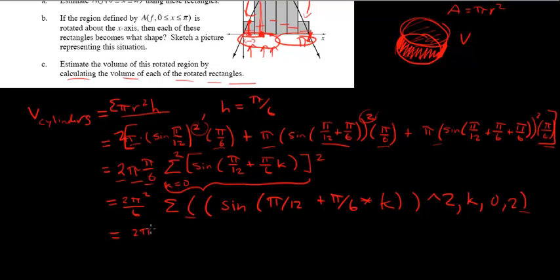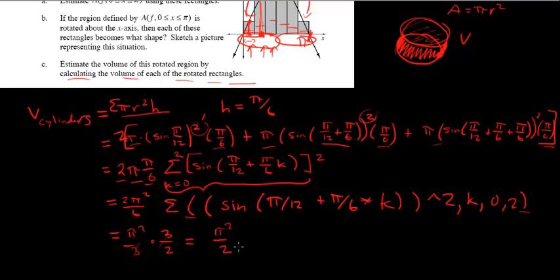So I get 2 pi squared over 6. Oops, let me undo that, because I just said that 2 over 6 becomes 1 over 3. So pi squared over 3 times this whole thing becomes 3/2. So that's equal to, these 3's cancel out, pi squared over 2.